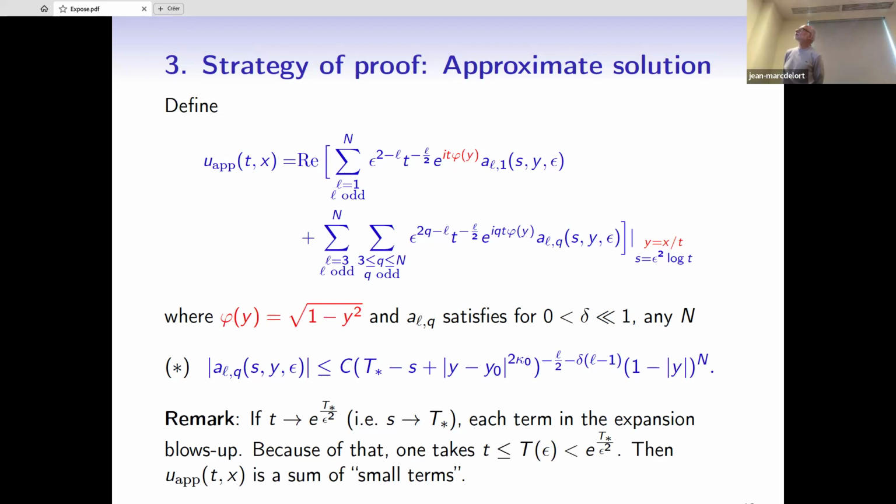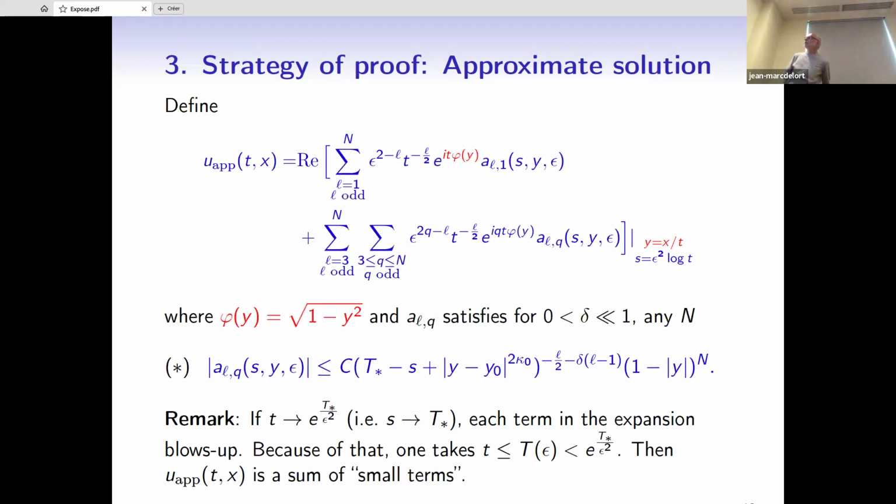So I multiply this oscillatory term by t to the minus L over 2 for L going from 1 to some integer n, by some convenient power of epsilon, and by a factor a L1 of s, y, epsilon. So S here denotes epsilon squared log t. This will be smaller than the time t star that I introduced earlier. And these a L1's will satisfy upper bounds of the following form.